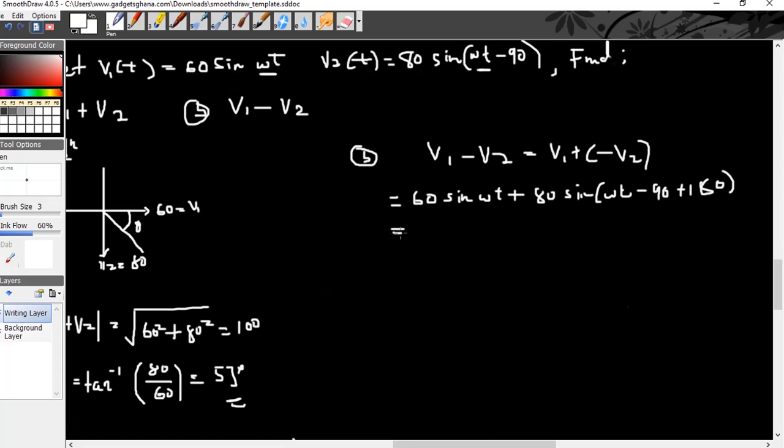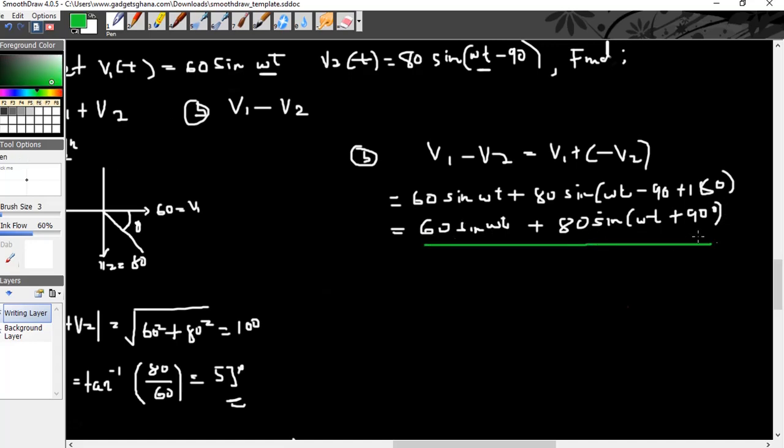So we now have 60 sine of that, and then plus 80 sine of that. Minus 90 plus 180 is positive 90 degrees. So now this is our entire sinusoidal quantity for the reverse.